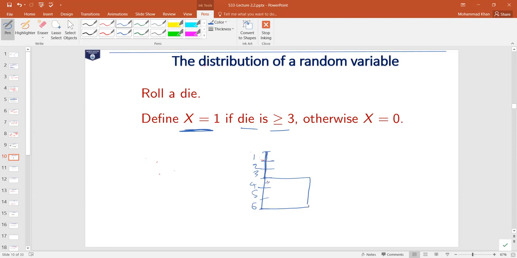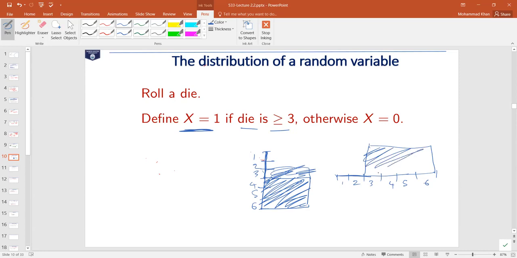So this is the distribution. Or if we want to look at it more like a histogram, we can do it like this: 1, 2, 3, 4, 5, 6. So here it's 0, otherwise it's 1.